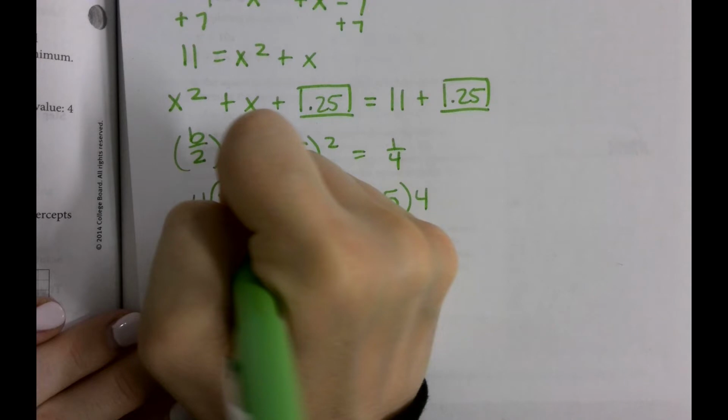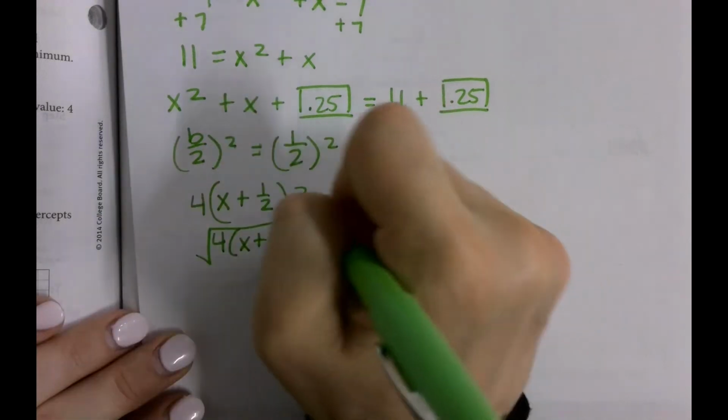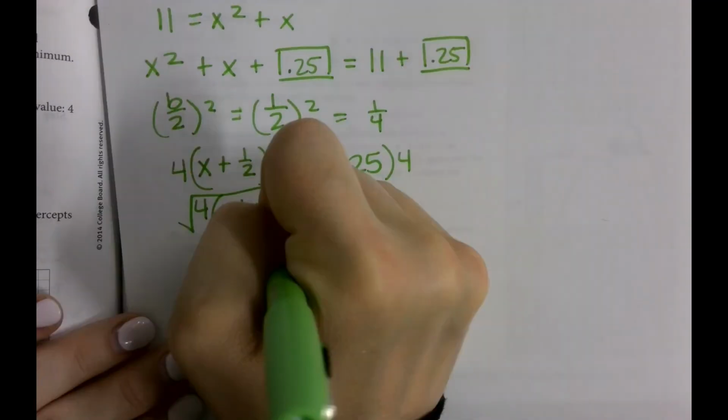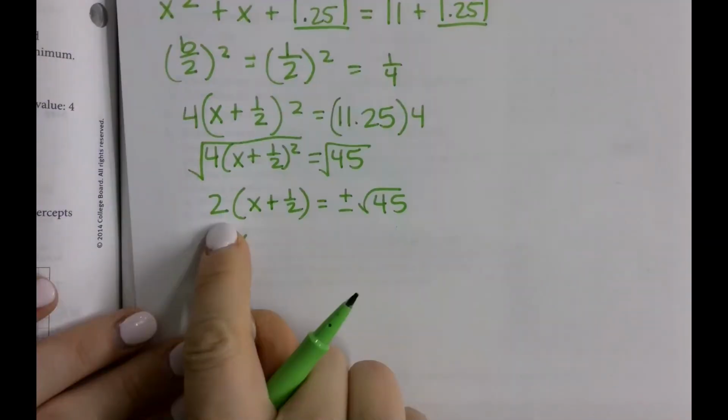Because these are all perfect squares, I'm just going to do the square root before I distribute that, because it gets rid of the squared term. It equals plus or minus the square root of 45.